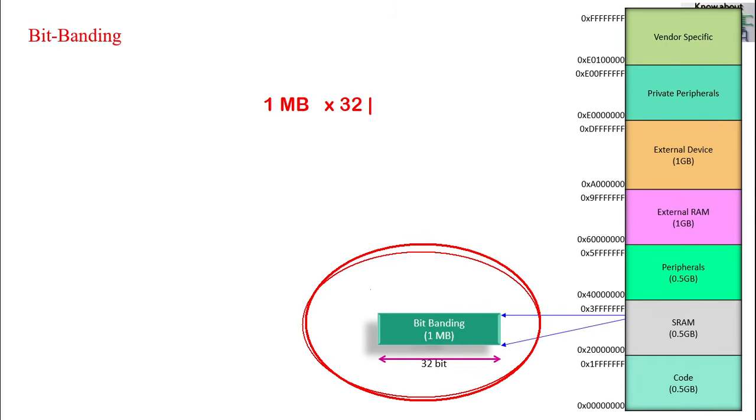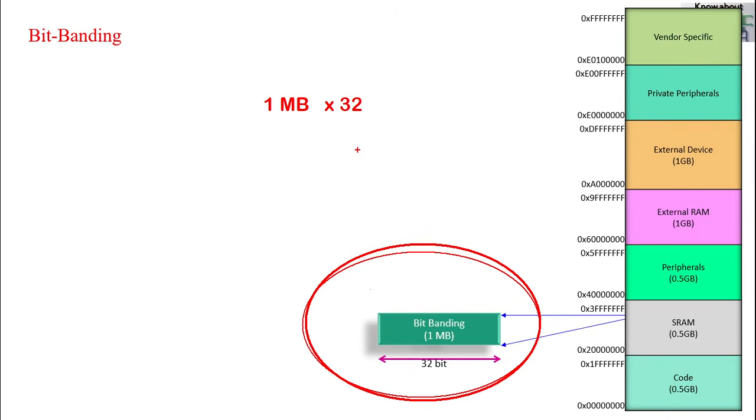You can say 32 megabits they have defined. Those many bits are defined for our bit banding, and this will help microcontroller developers handle bitwise operations in order to control peripherals with respect to the bits.